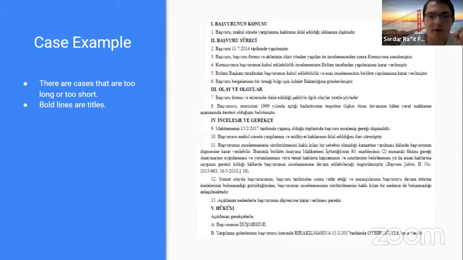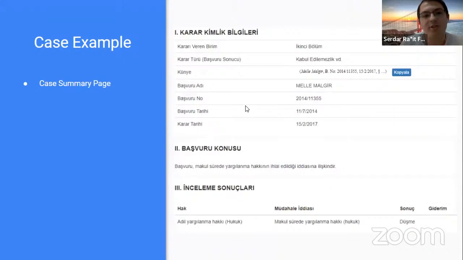Okay, there are 2 pages for every case. One page is here, the case text, and the other page is the case summary page. You see here the conclusion of the case. The bottom of the pages is important for labeling our dataset.